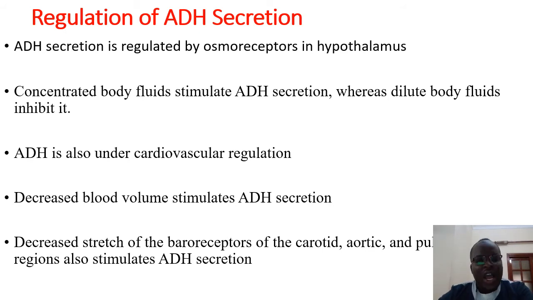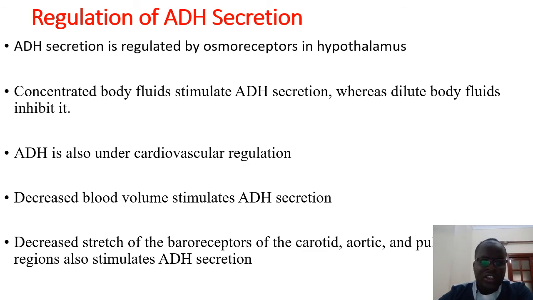ADH is also under cardiovascular regulation because it has an effect on the arterial blood pressure. We said an increase in the concentration of ADH is going to cause vasoconstriction. That will increase the arterial resistance, causing an increase in blood pressure. So it's also regulated by the cardiovascular system itself.